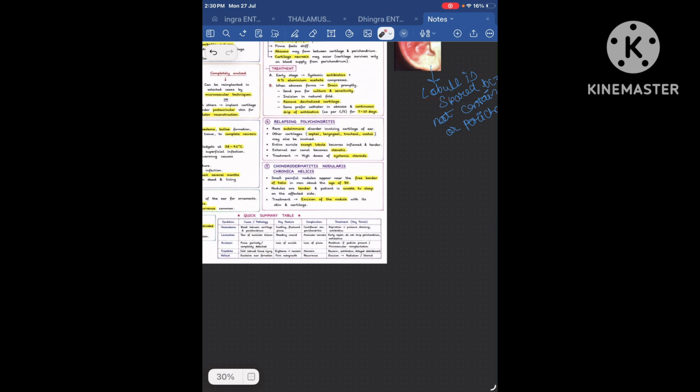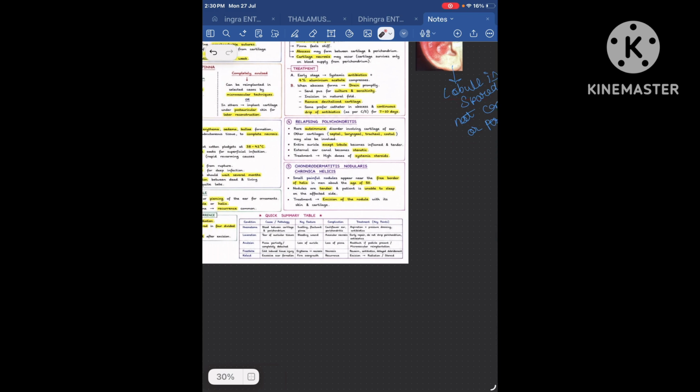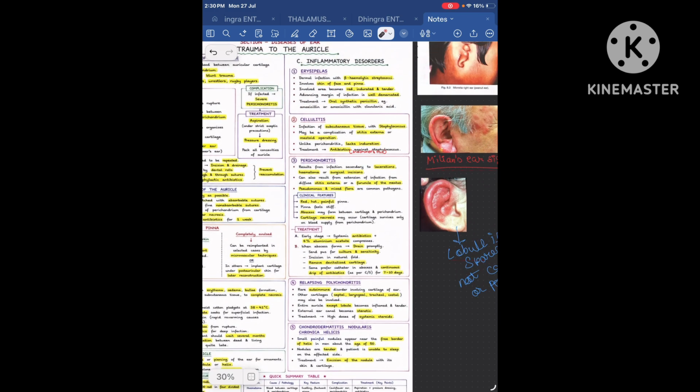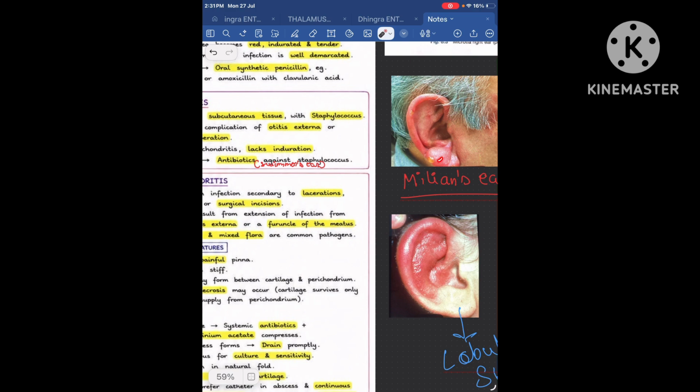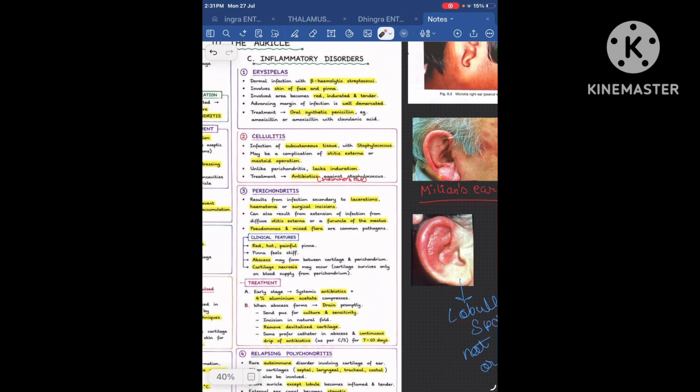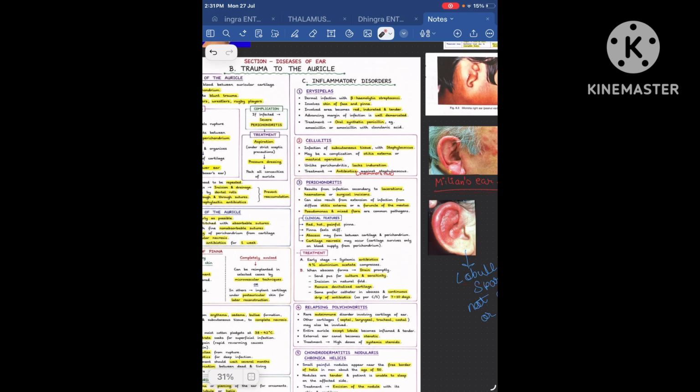One more thing: the involved area is red, wholly red, and it is tender, indurated, and well demarcated. For treating it, we give oral synthetic penicillin.